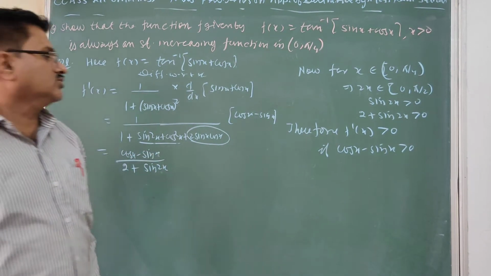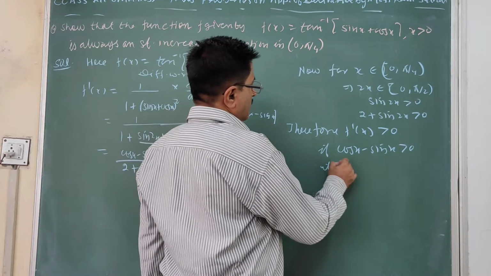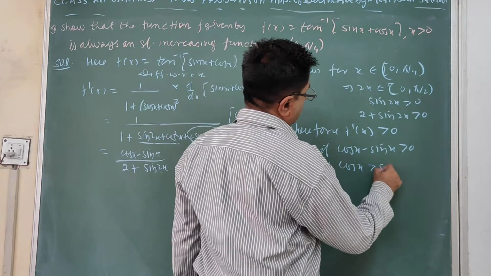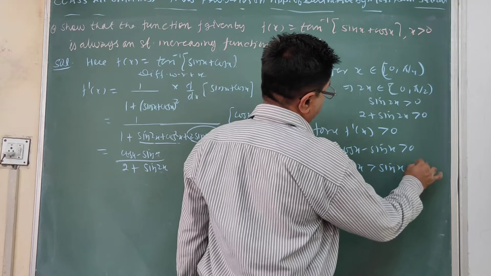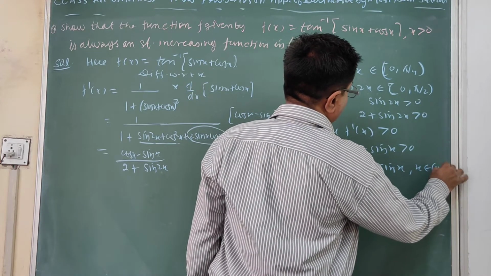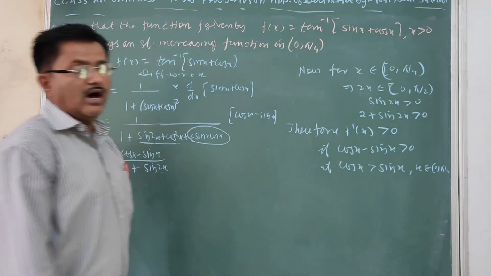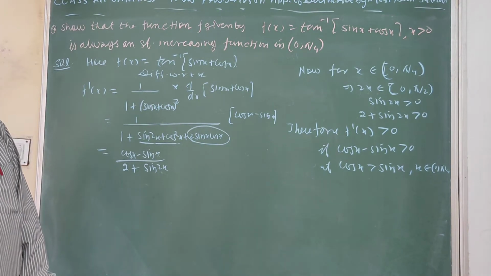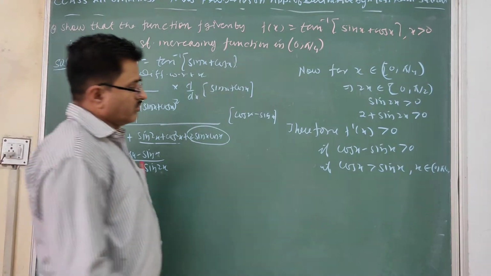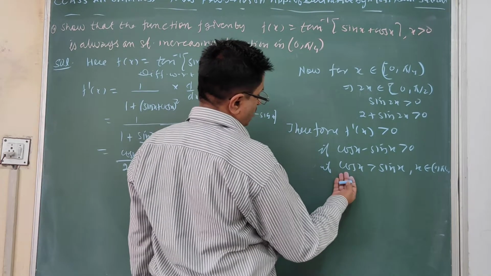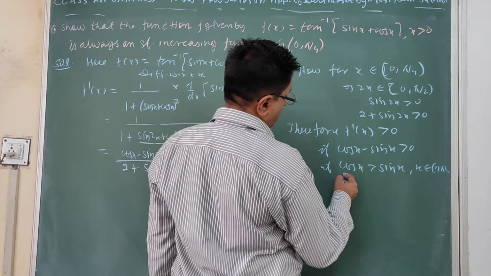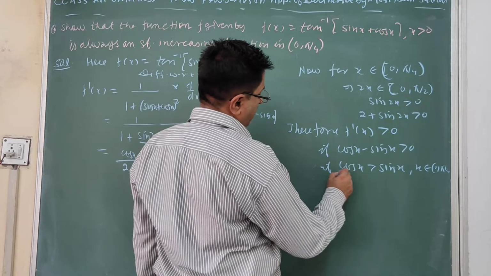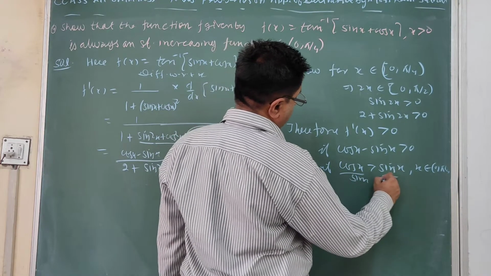Clear? This should be positive, then cos x is greater than sin x, where x belongs to 0 to pi by 4. Now you can divide both sides by sin x.